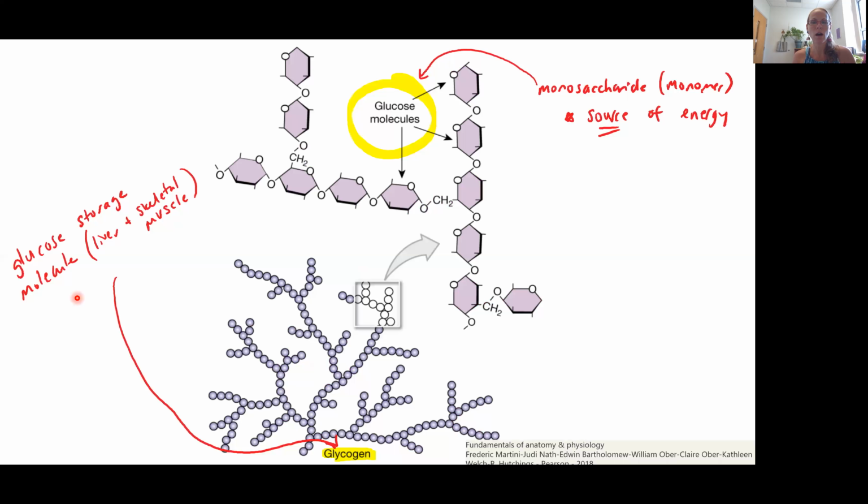So notice all of these glucose molecules. Glucose, remember, is your monosaccharide. It's our source of energy. So in our cells, we're going to break down glycogen in order to release glucose, in order to make our energy molecule, which we're going to be naming here shortly. It's ATP. And then in both our liver and our skeletal muscle, we do have the ability to store glucose in the form of glycogen. So this is how our bodies will store any extra glucose molecules that we might get from our diet.